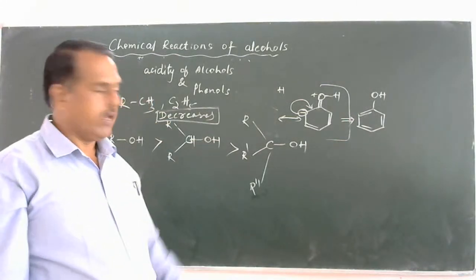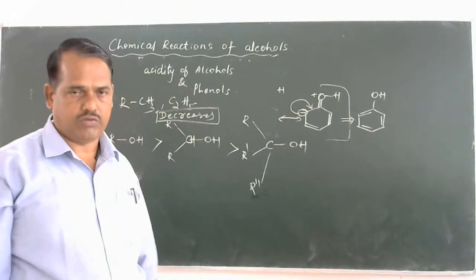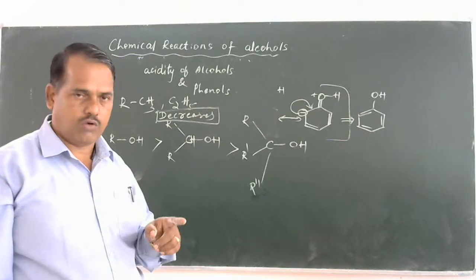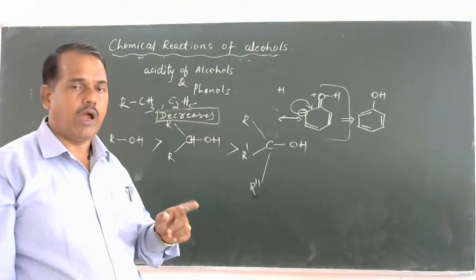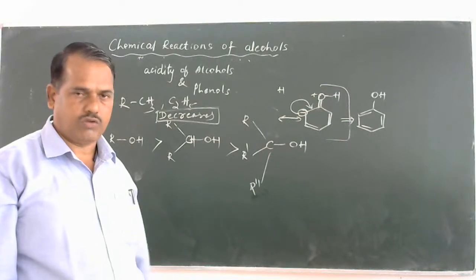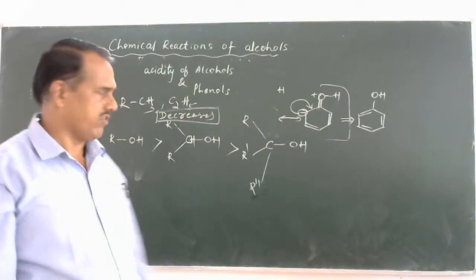Acidic strength decreases as follows. It is there in your syllabus. You just have to compare, and you will get a CET question or a one mark question. We can easily answer it.